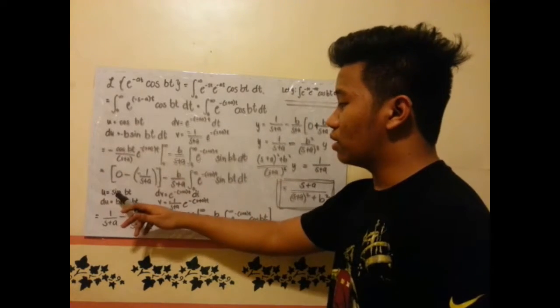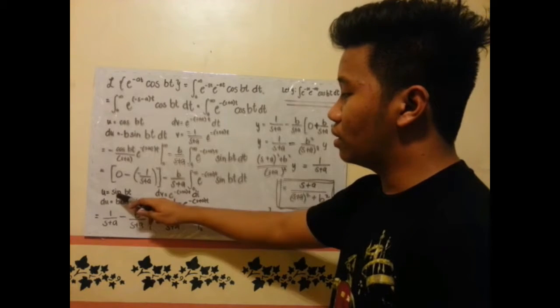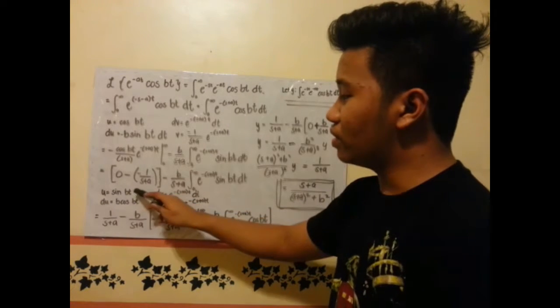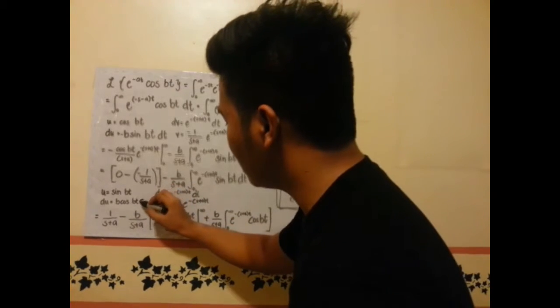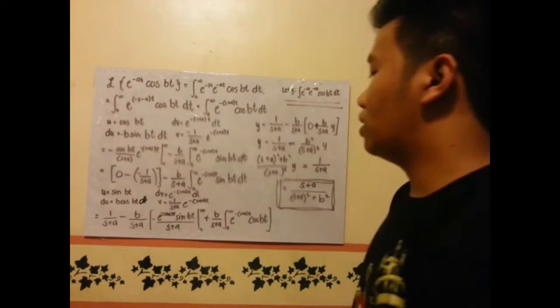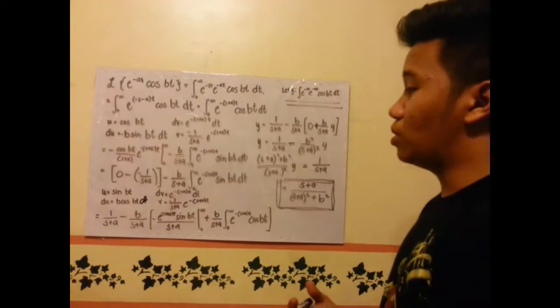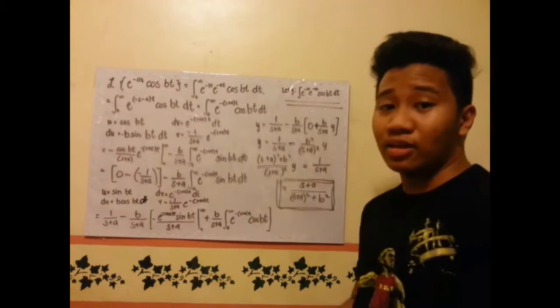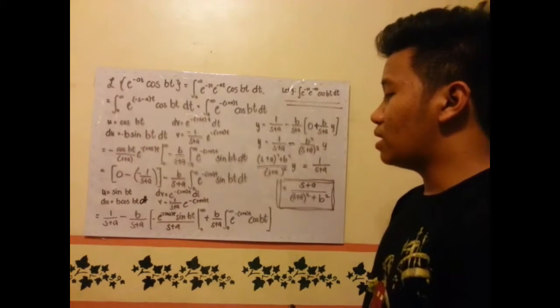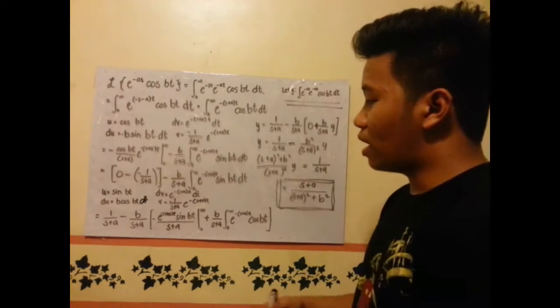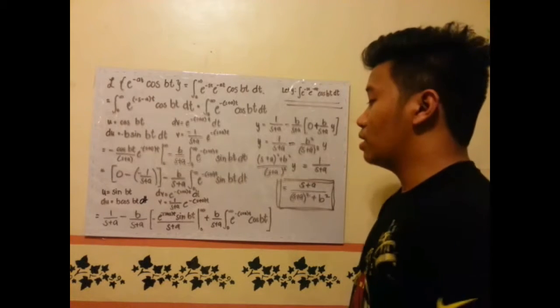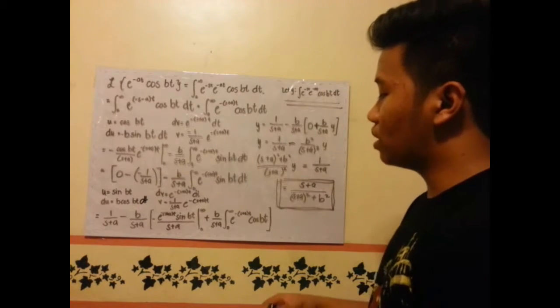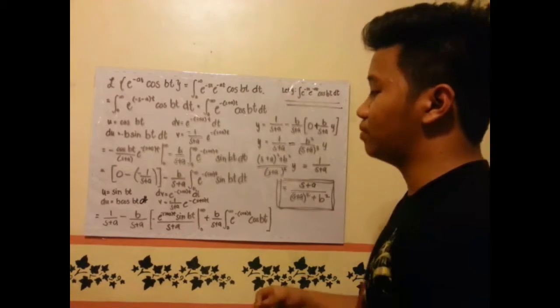Let u be equal to sine bt, and the derivative of sine bt is b cosine bt dt. The dv would be the same, e raised to negative parenthesis s plus a multiplied by t dt, and the value of v is negative 1 over s plus a multiplied by e raised to negative parenthesis s plus a t.